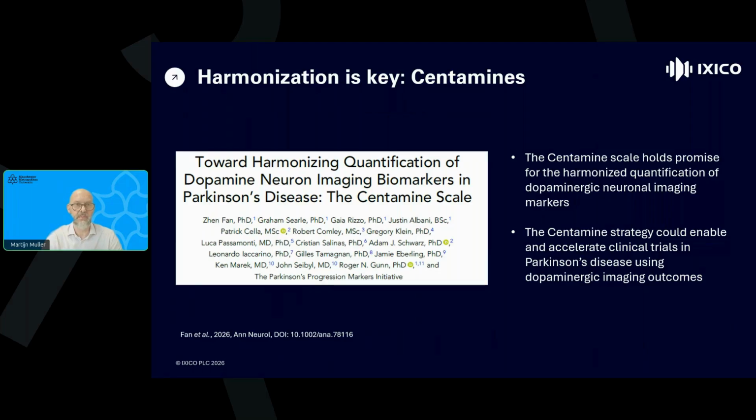Recently, Roger Gunn and his group have proposed a centiMarker framework which seeks to harmonize quantification across dopaminergic imaging biomarkers, which really has the potential to improve the utility of dopamine imaging in multi-center clinical trials, even possibly using different dopamine PET tracers. Next slide, please.